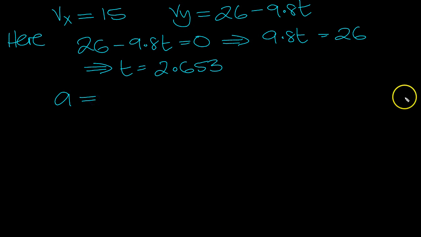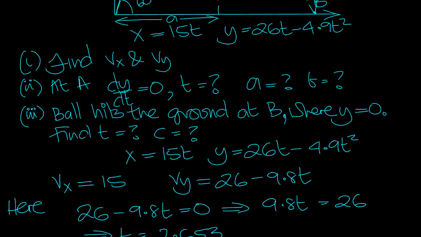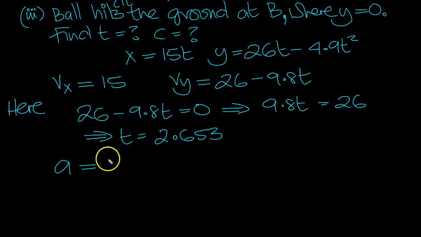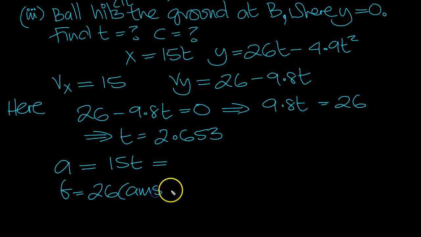So A at that time will be the x value at that time, 15t, 15 times t, and B is equal to 26 times the time, minus 4.9 times the time squared, sorry, not 9.8. This would be B, 4.9t squared.